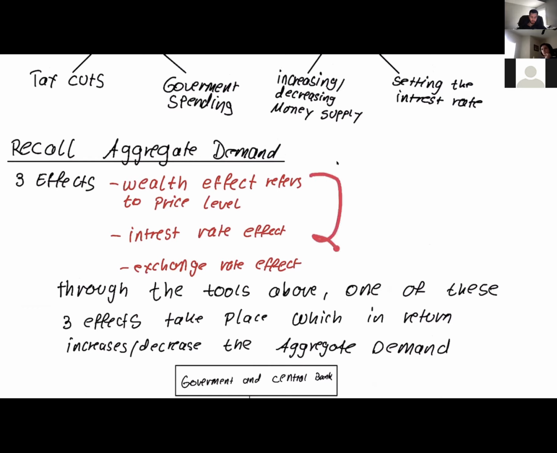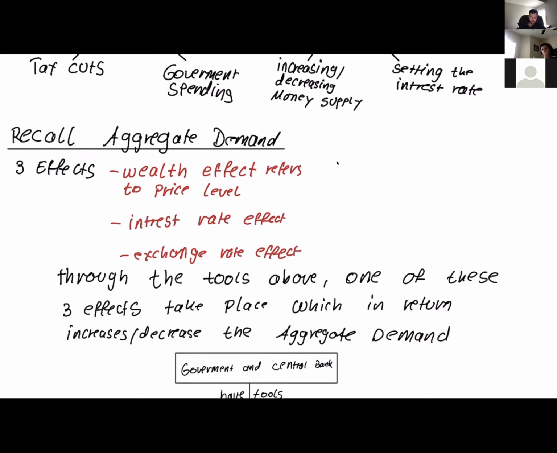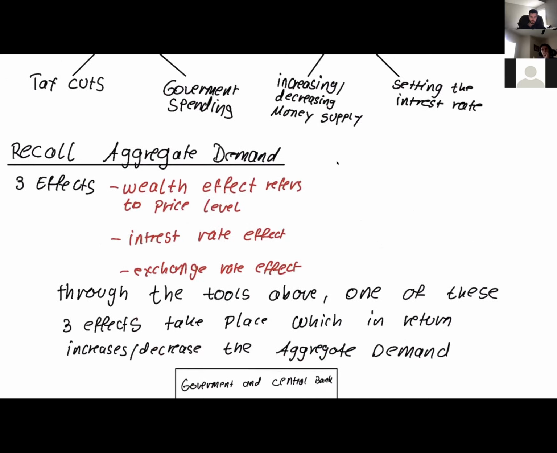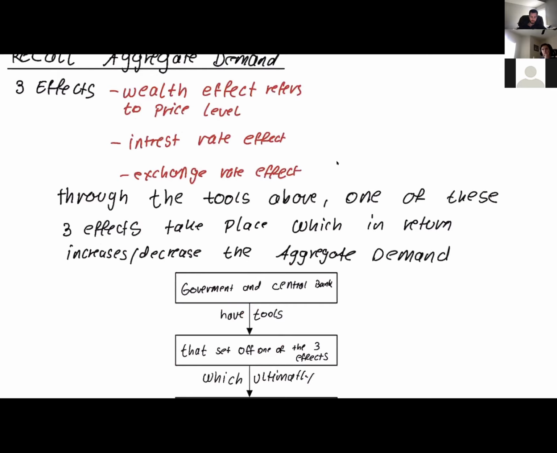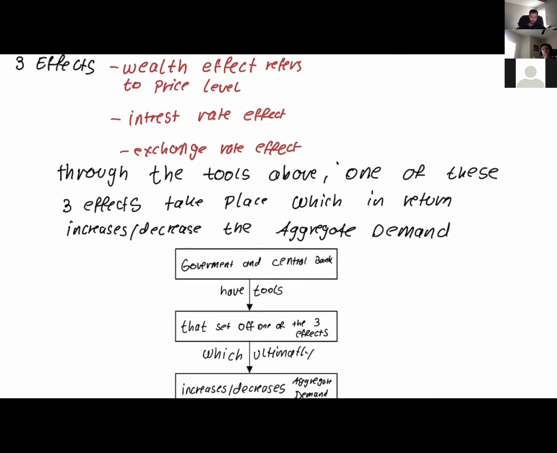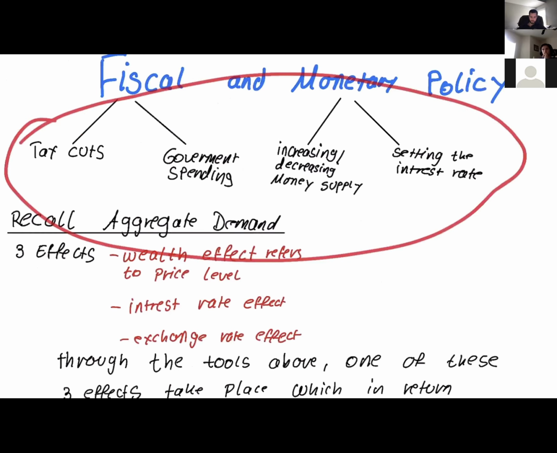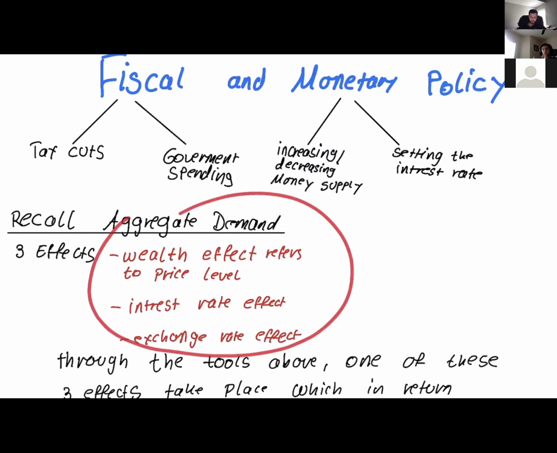So basically what I'm trying to say is that the government and the central bank have the tools through fiscal and monetary policy that set up one of these three effects. So these tools set up these three effects.